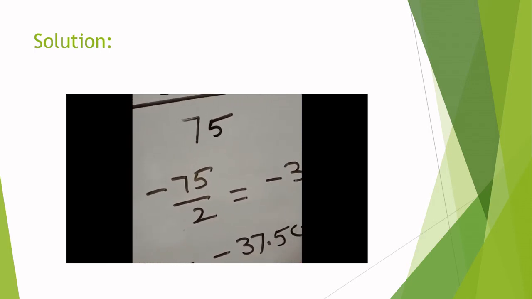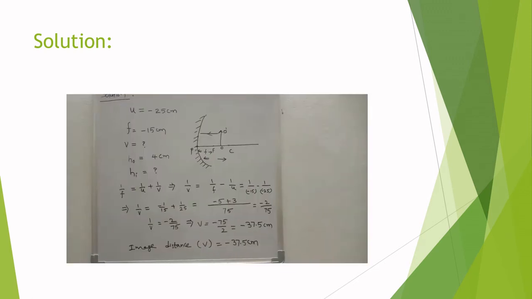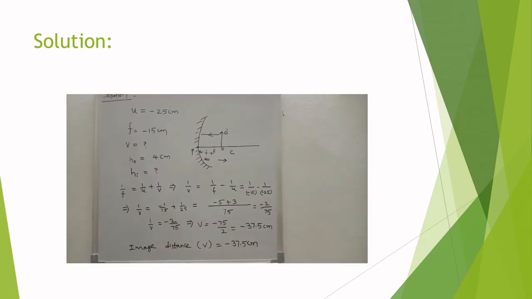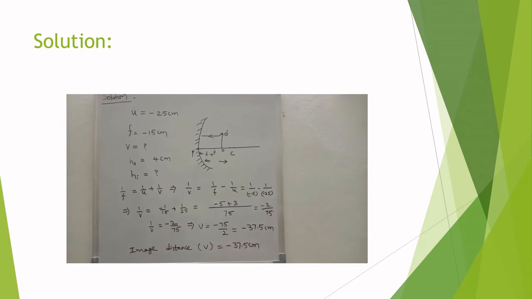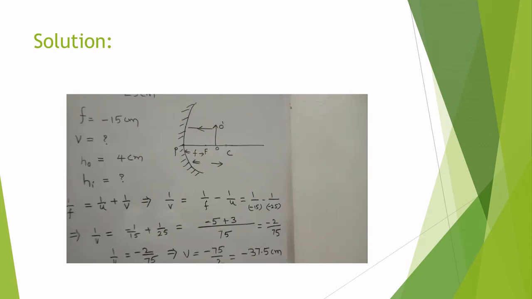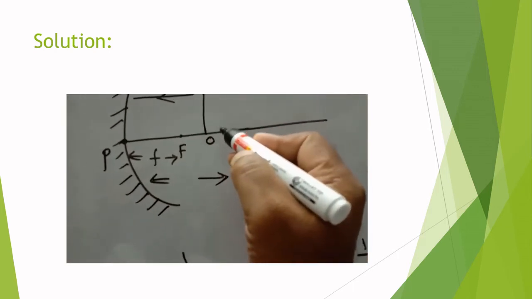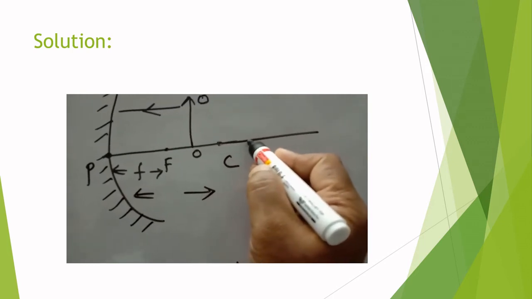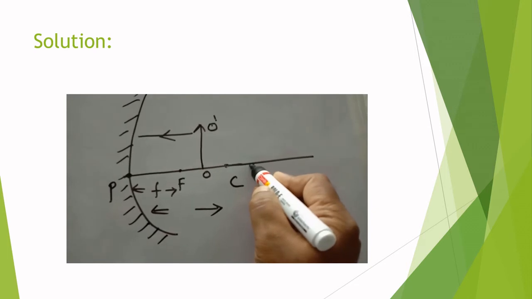So the sharp image is captured at a distance of 37.5 centimeters from the mirror. We write minus because the image distance is also measured opposite to the direction of the incident ray. So we get the sharp image beyond C.